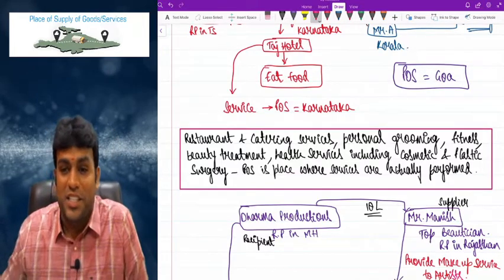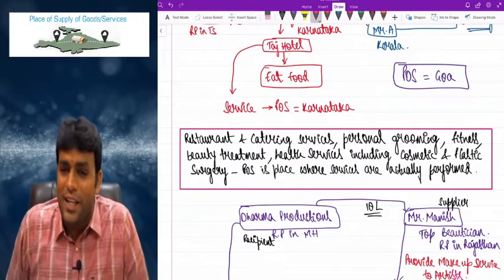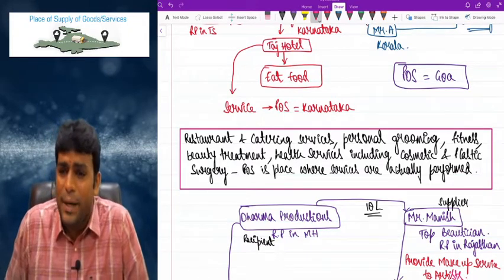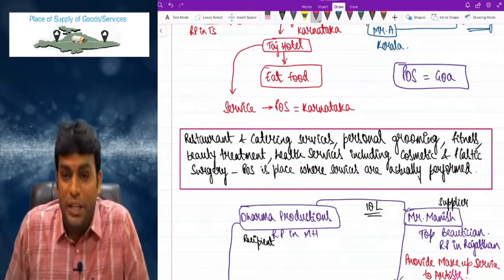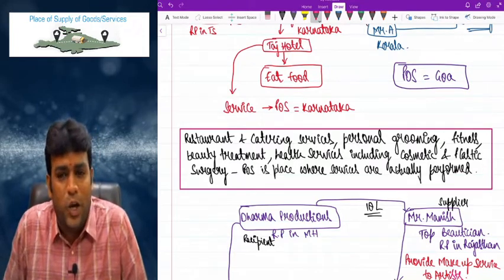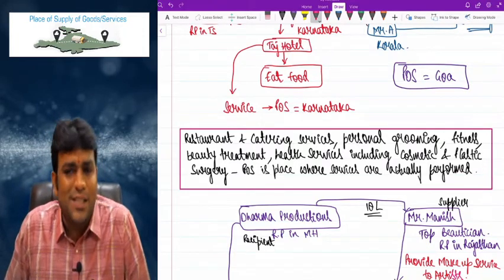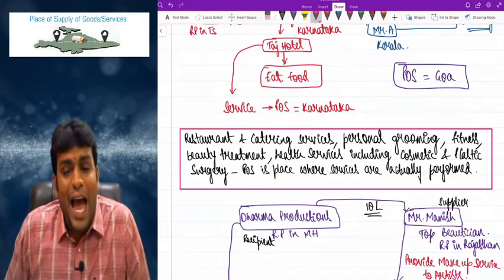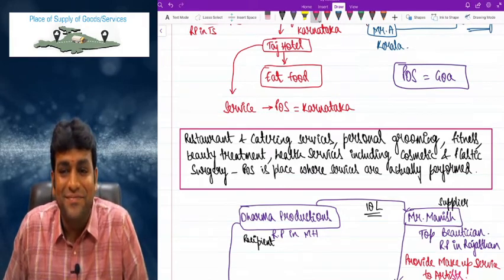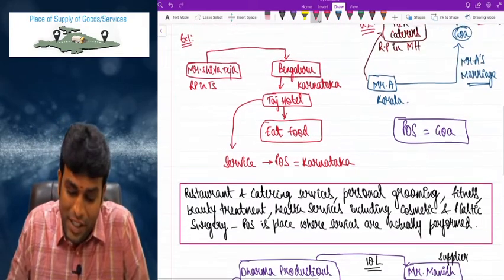What is the language we wrote there? In case of restaurant and catering services, personal grooming, fitness, beauty treatment, health services, including cosmetic and plastic surgery, POS is the place where services are actually performed. Clear, right? Very interesting and important.